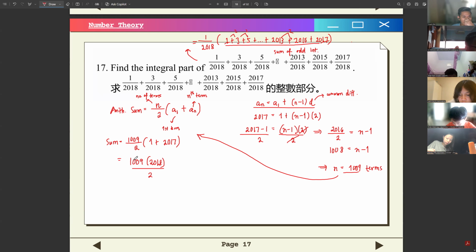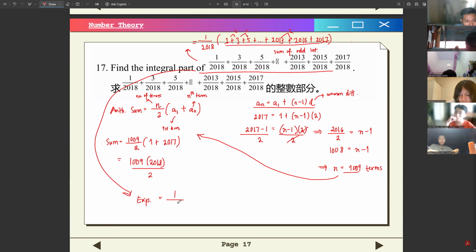Now at this point, we can just directly combine the entire thing. So let's bring back the factored out denominator. The entire expression becomes 1 over 1018 times the sum, this part. We'll put in here 1009 times 2018.